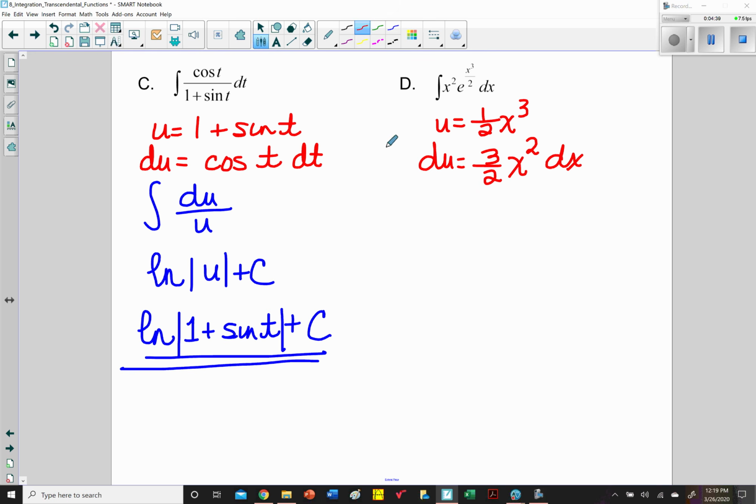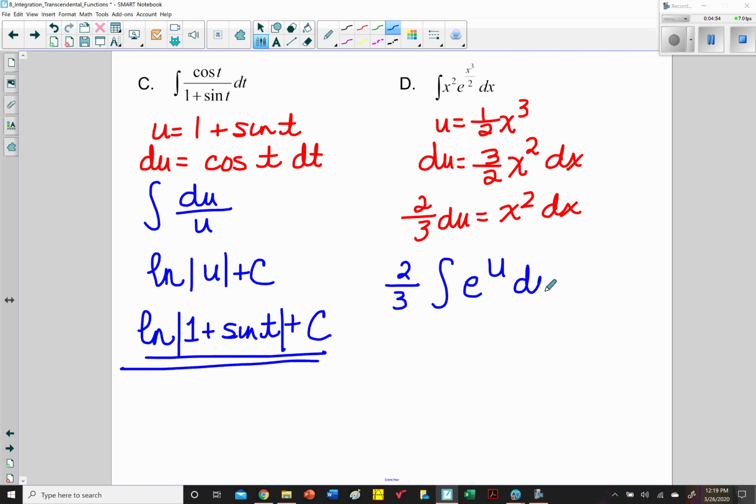We need to get rid of the 3 over 2, so divide by 3 over 2. And then we can set up the integral. So 2/3 of the integral of e to the u du is just e to the u, but u was our x cubed over 2 plus a constant. Well, that's pretty straightforward.